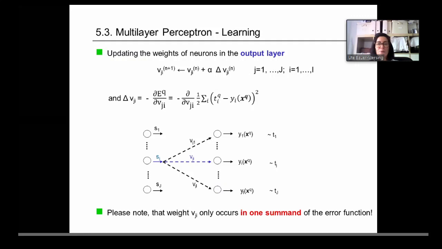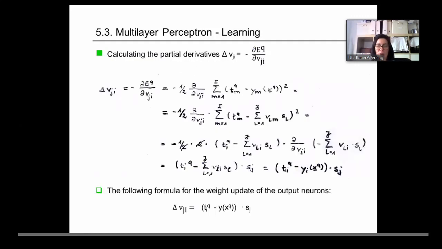So the next slide is basically nothing new to you because we have done this already for the Adaline model. Calculating the partial derivatives is given step by step. We can redo this, and maybe you remember what we already did.